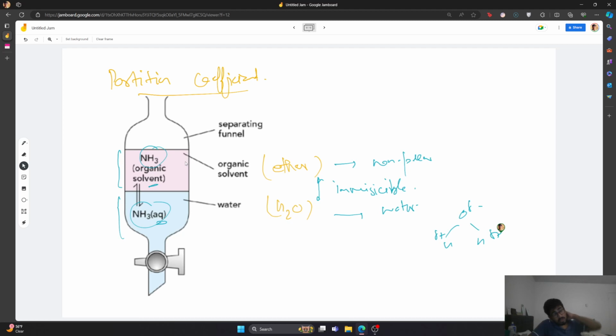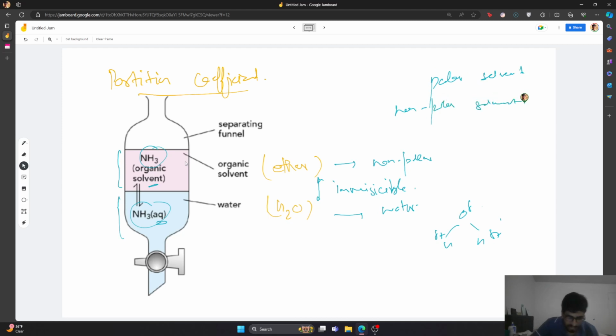Because of this O minus, it dissolves polar molecules. So if there's NaCl, it pulls Na plus and Cl minus. But if something is non-polar, a covalent thing, it won't dissolve in a polar solvent. So polar solvents dissolve certain things and non-polar solvents dissolve other things.